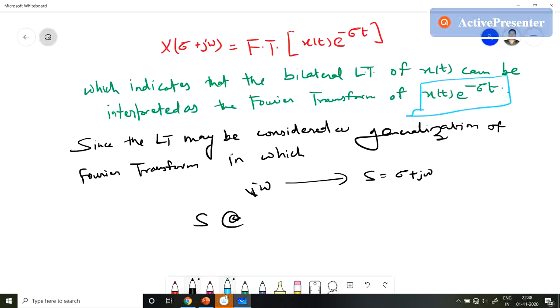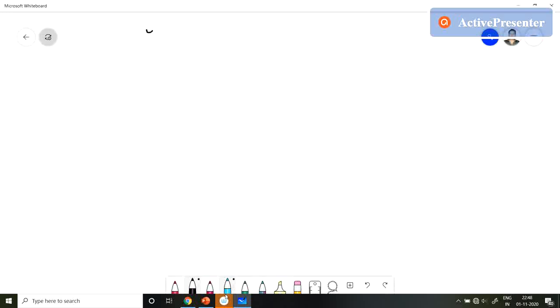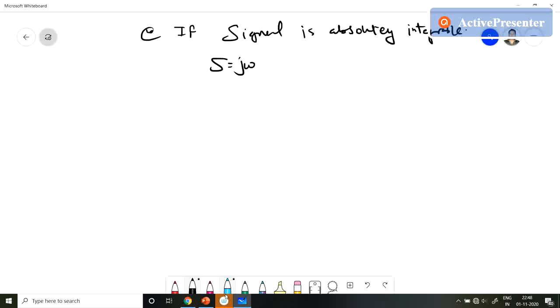And what is sigma? Sigma is called the complex frequency. Another important point is that if the signal is absolutely integrable, then we can put s equal to j omega, and it will provide us the Fourier transform.